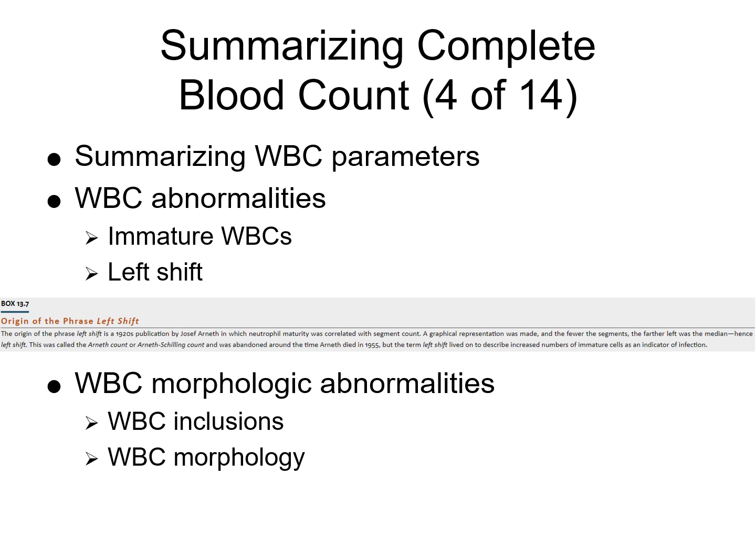We can also look for white blood cell inclusions. These could include toxic granulation, Döhle bodies, or Auer rods, and they can help in the diagnosis of infections or even leukemias. White blood cell morphology is a detailed examination that provides valuable diagnostic clues, complementing automated counts and differentials.